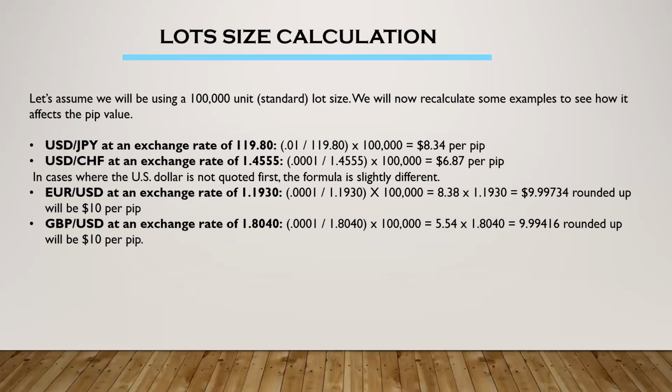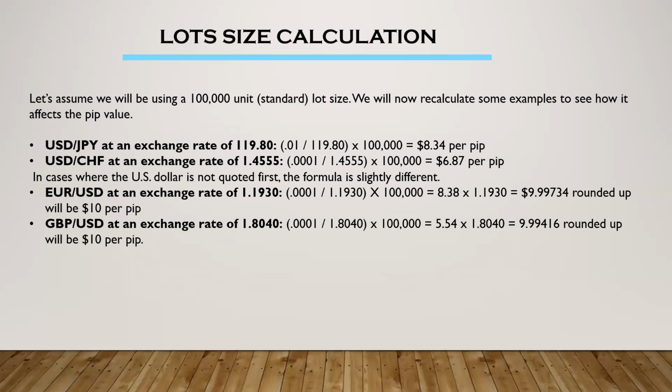You are doing 0.01 divided by 119.80, times 100,000, which will give you $8.34 per pip.